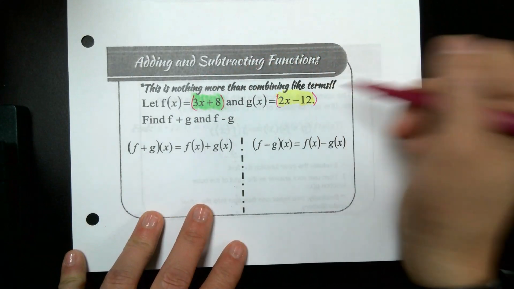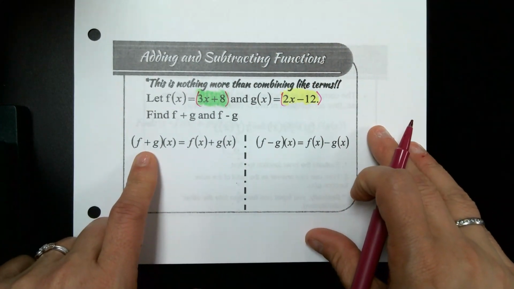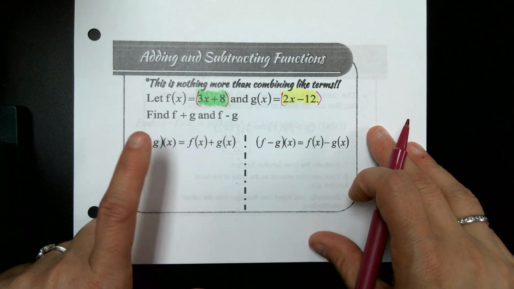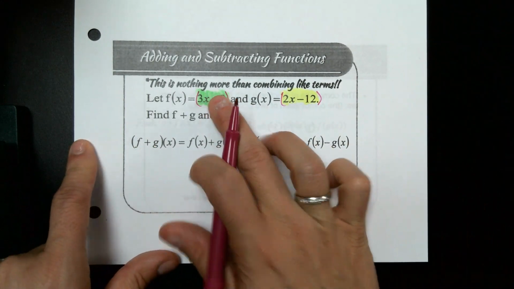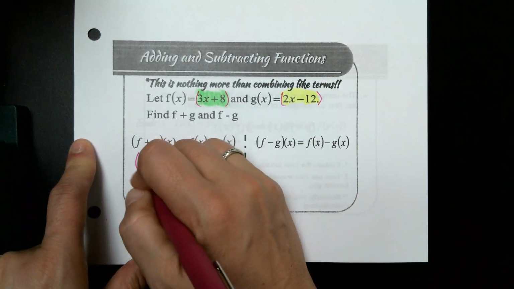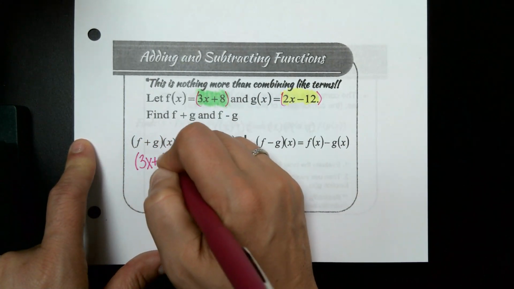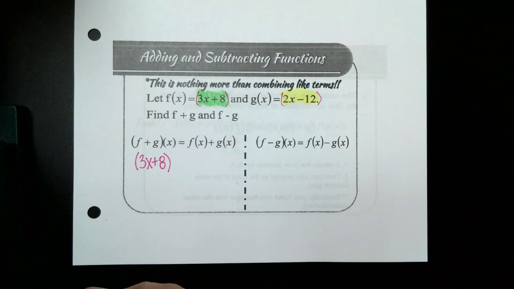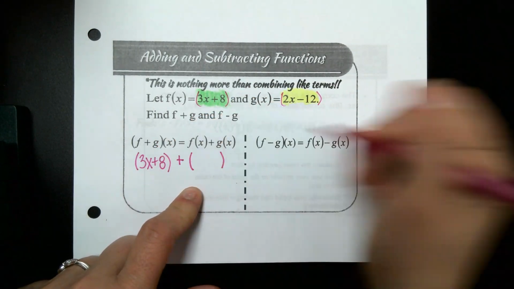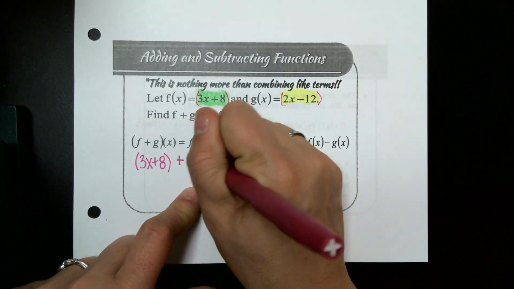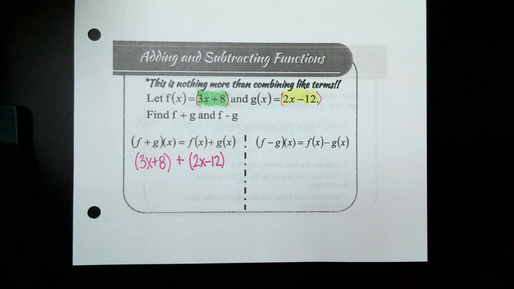So for this one, where it shows a plus sign between them, all we're going to do is take f, which is 3x plus 8, then put a plus sign, and then put g, which was 2x minus 12, in parentheses next to it.